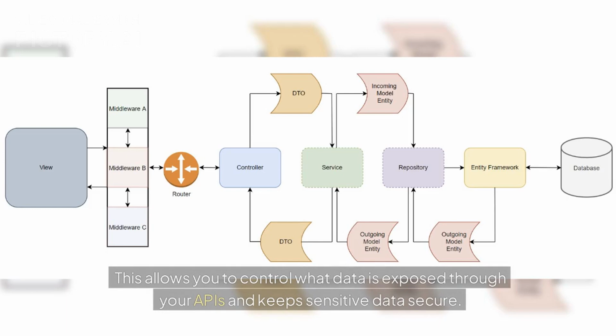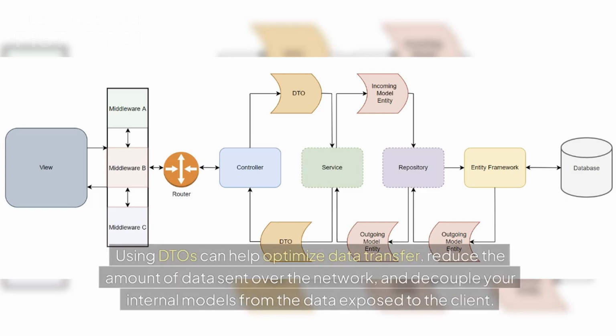This allows you to control what data is exposed through your APIs and keeps sensitive data secure. Using DTOs can help optimize data transfer, reduce the amount of data sent over the network, and decouple your internal models from the data exposed to the client.